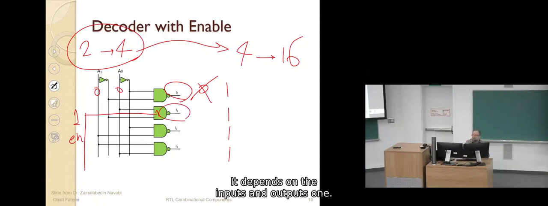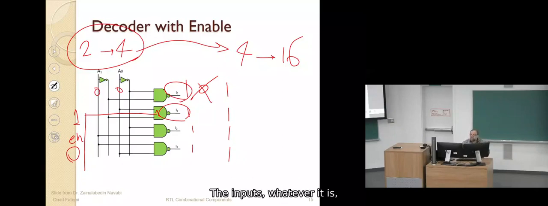But if enable is 0, then whenever one input of the NAND is 0, the output is 1. So if enable is 0, all of your outputs become 1 without looking at the inputs.